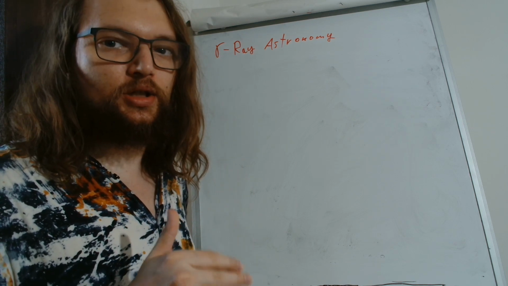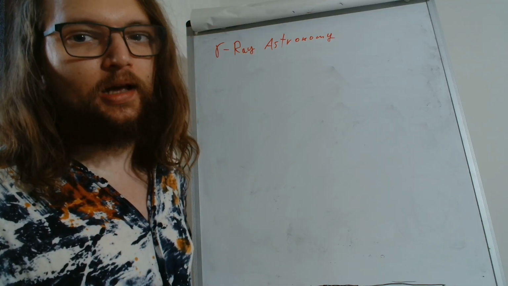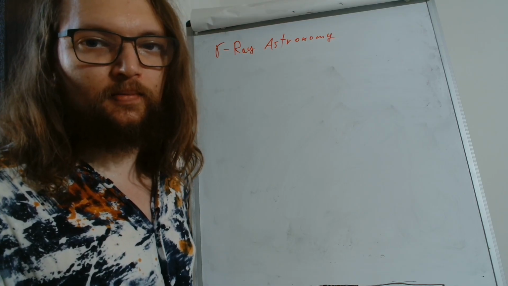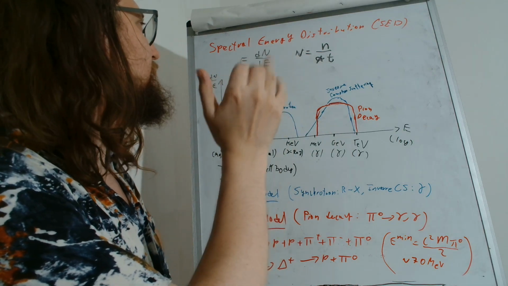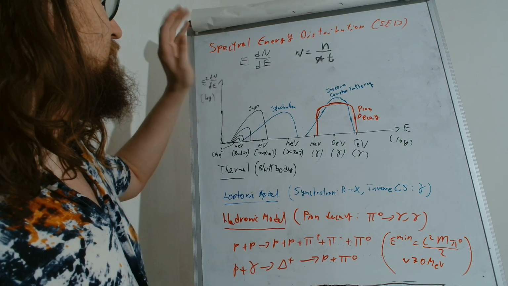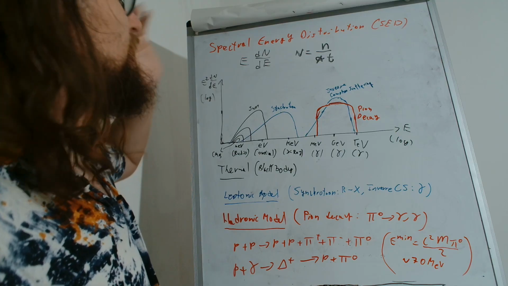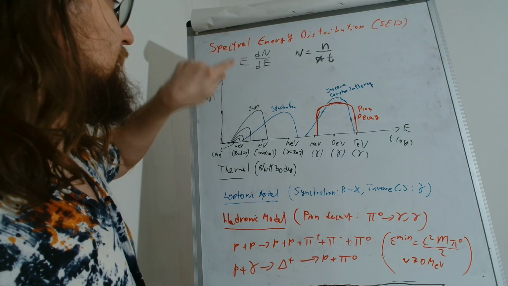Unlike traditional astronomy, gamma rays are very energetic photons, and so they must be detected through the methods of particle physics. In astronomy, we use the spectral energy distribution (SED), which plots the energy times the differential, the derivative of the flux of particles with respect to energy.